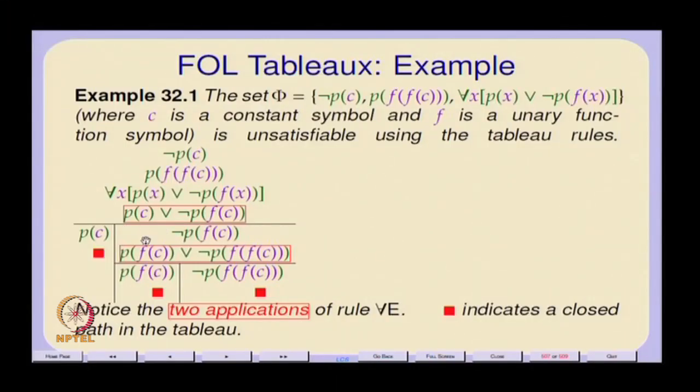So, for example, once this branching has taken place, this P of C or not P of f c is useless and can be scored out. Okay. And similarly, this P of f c or not P of f f c can be discarded once I have done this branching, because they are essentially propositional.